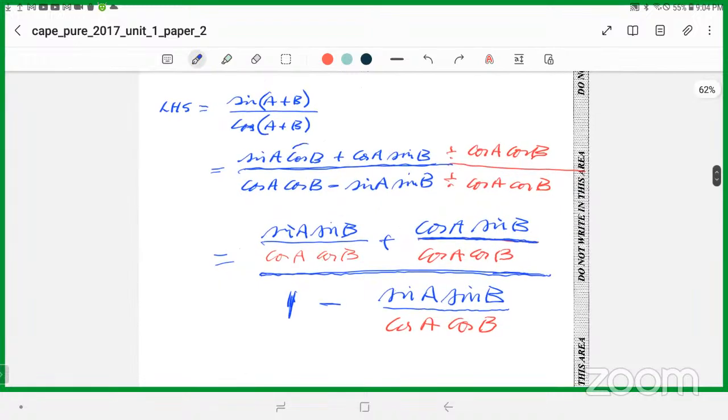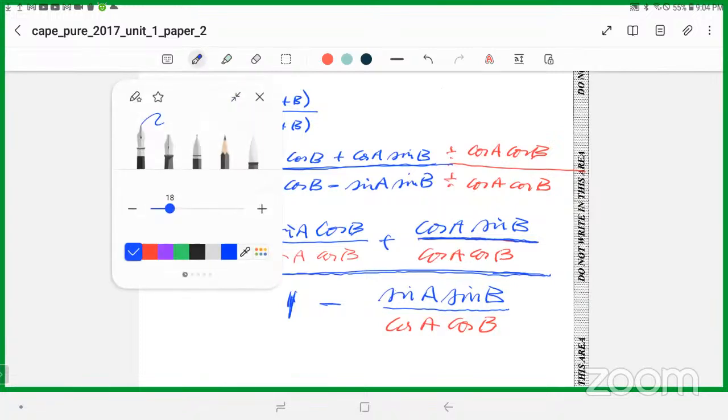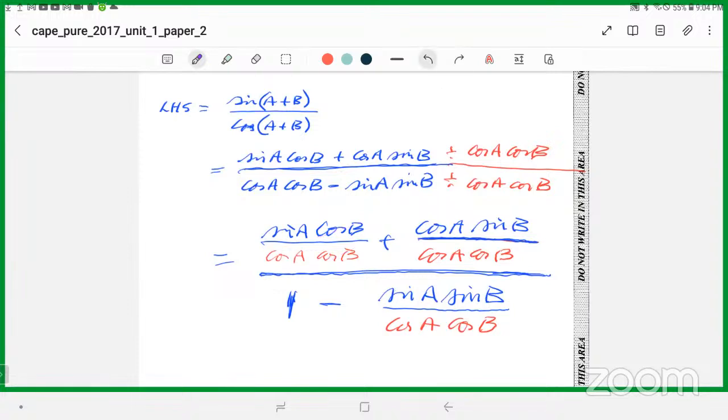It's supposed to be a cos B, not sine B. And they cancel. This and this cancel, in purple. Cos A and cos A cancel there as well. So this cos A cancels this cos A.